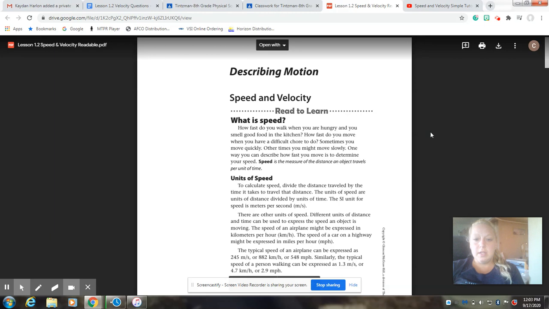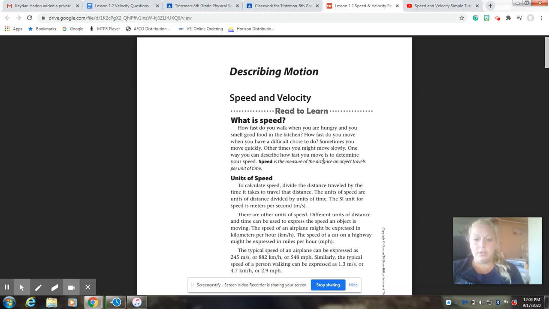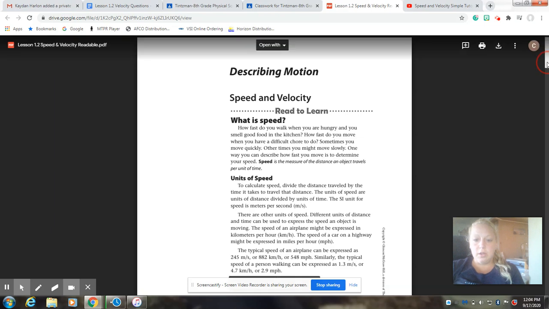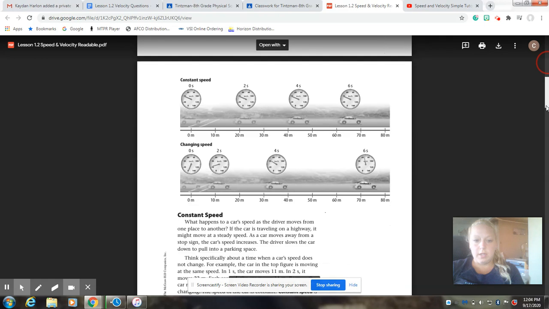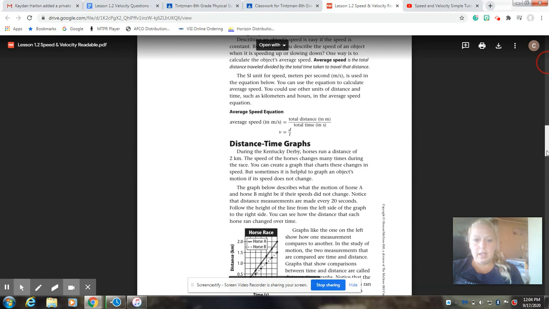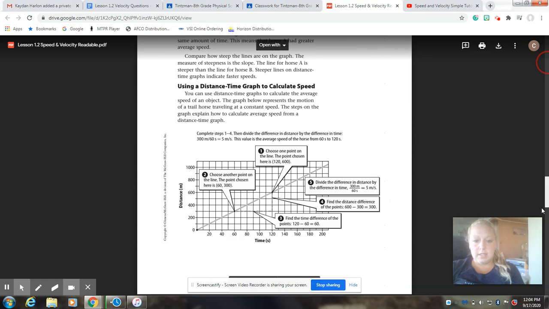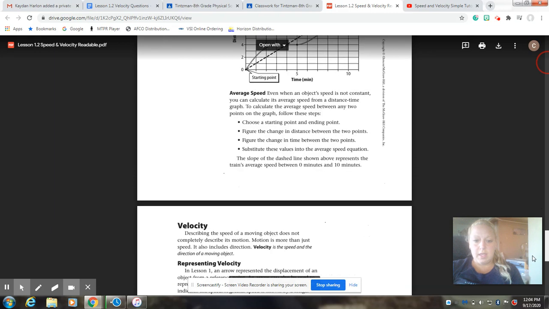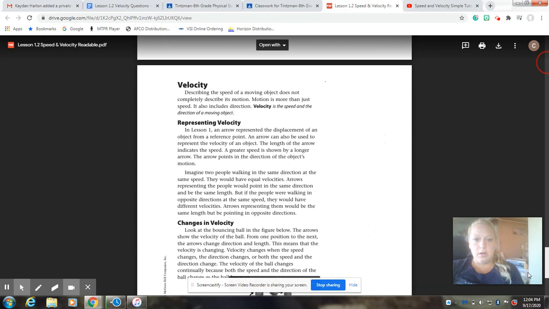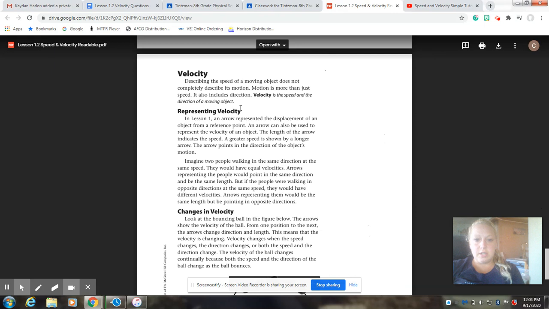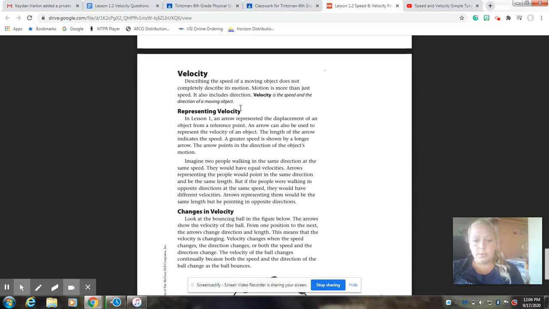Remember, speed is our measure of distance that an object travels over a unit of time. If we go to page 23, you'll see that velocity differs. This is the section on velocity, and this is what I want you to read.